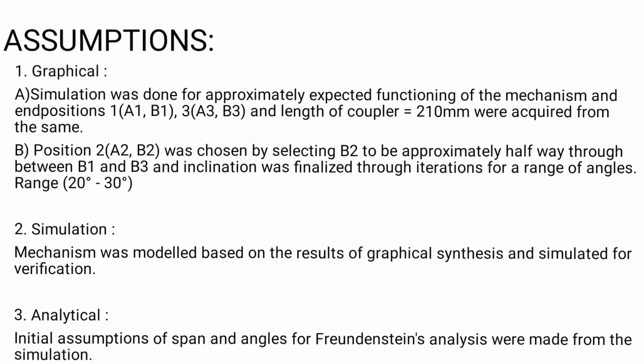Thus, 3 positions of coupler were to be decided. The extreme positions of coupler and length of the coupler were acquired from the reference model. Position 2 was chosen by selecting B2 to be approximately halfway through between B1 and B3, and inclination was finalized through iterations for a range of angles ranging from 20 degrees to 30 degrees.